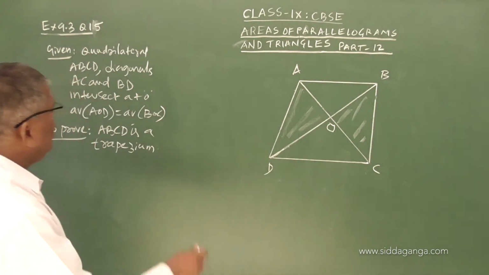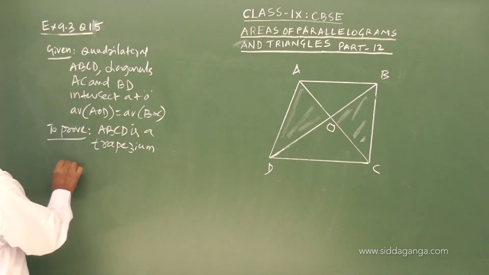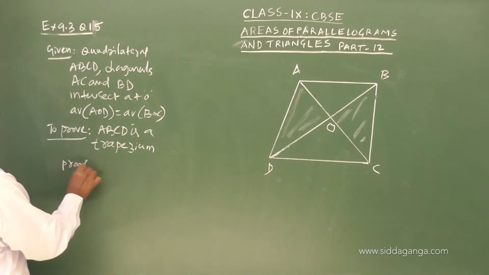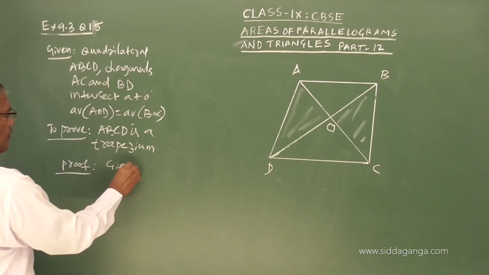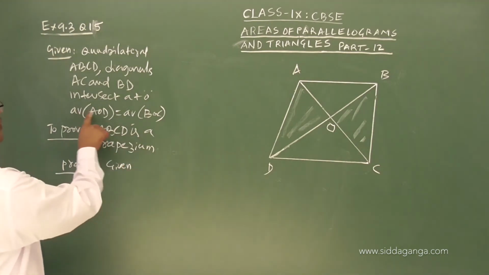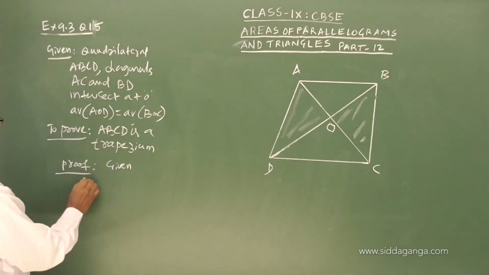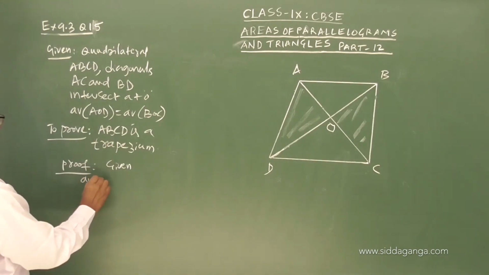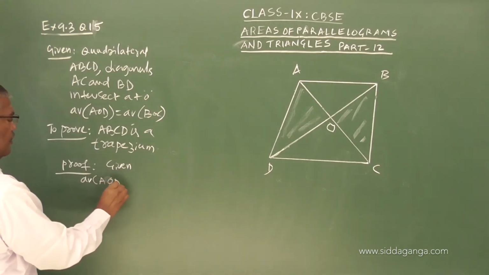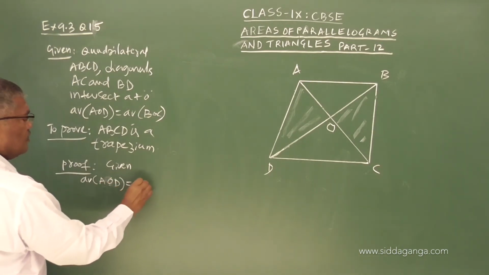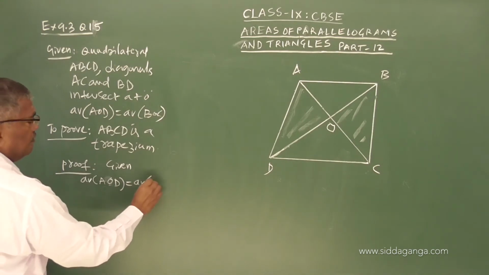So now proof. See, it is given this equation, let us use area AOD equals area BOC.